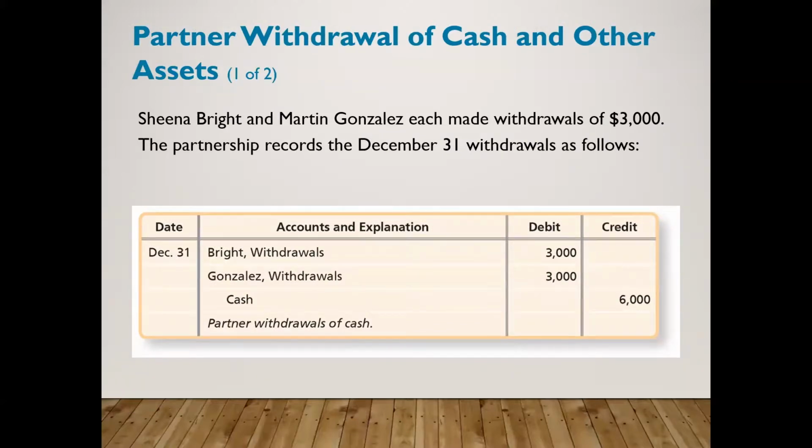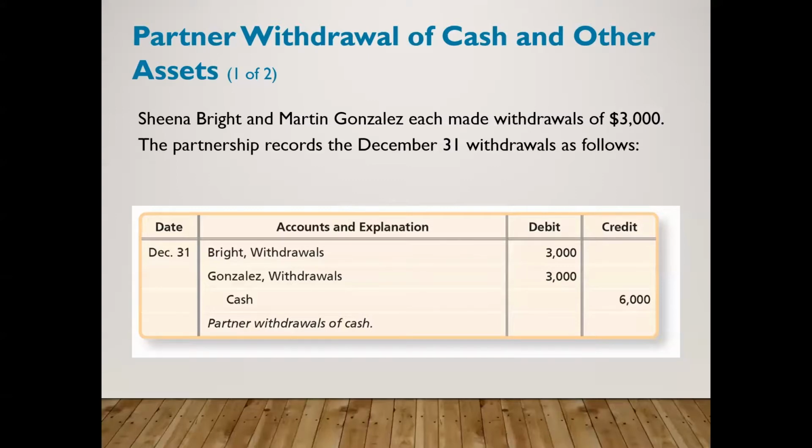Assume that Sheena Bright and Martin Gonzalez each made withdrawals of $3,000. They both made withdrawals. The partnership records a debit to Bright withdrawals for $3,000, and the same for Gonzalez. So they both will be debited for $3,000 to withdrawals, and there would be a credit to cash for $6,000.